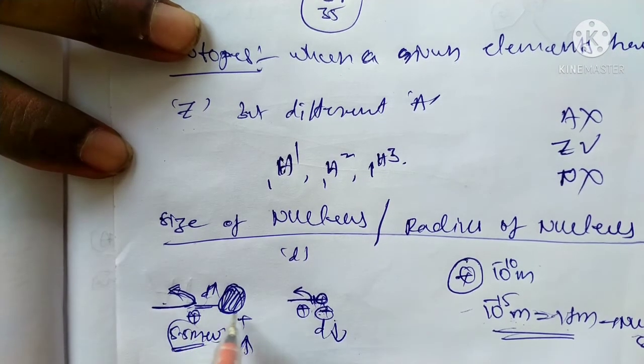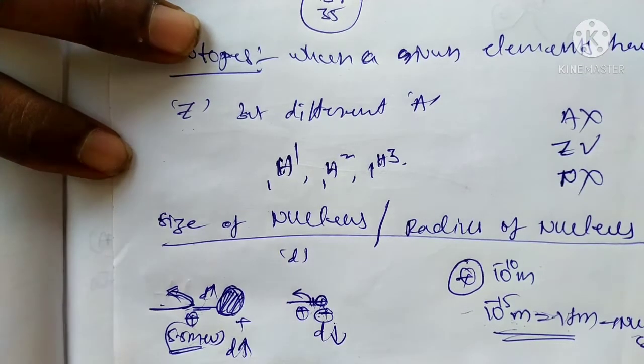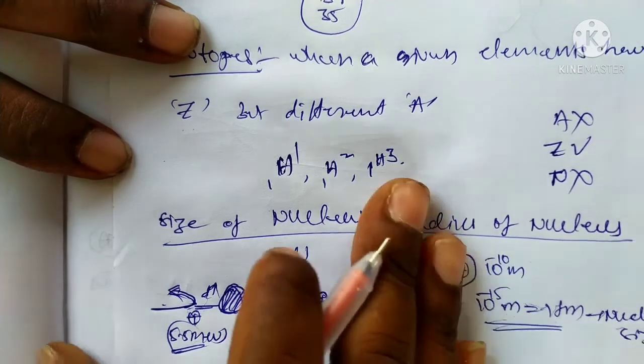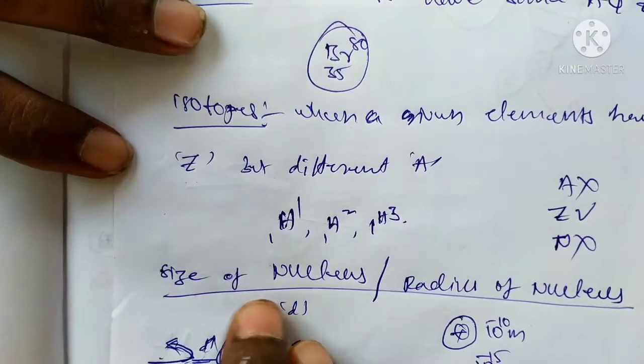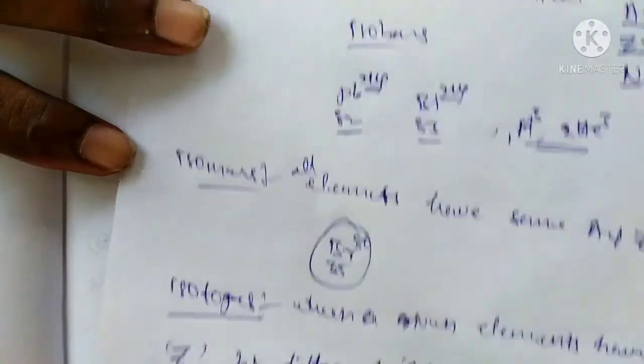The big nucleus has a big repulsion force, so the particle stays away from it. That is the distance of closest approach for the small nuclei and big nuclei. Okay, now we can find the size or radius of the nucleus.